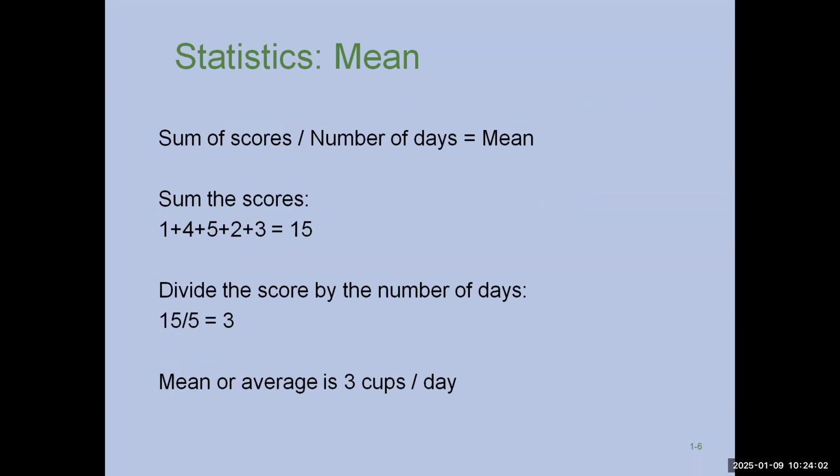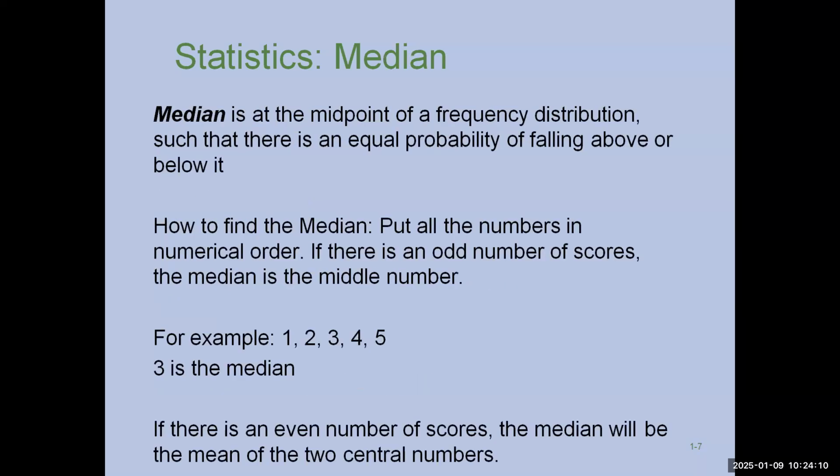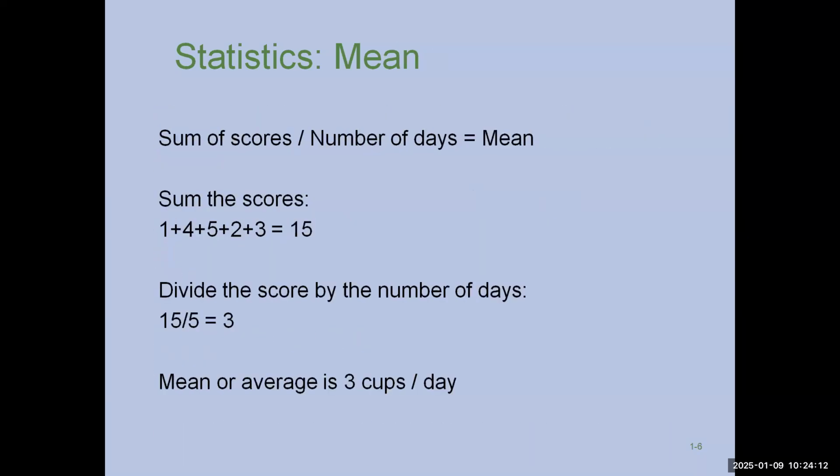We calculate the sum of the scores. That is what we found, a total of 15. Then we divide it by the number of days. So 15 divided by 5 equals 3. So the mean or average is 3 cups per day. That is how we describe the average value of coffee we consume per day.